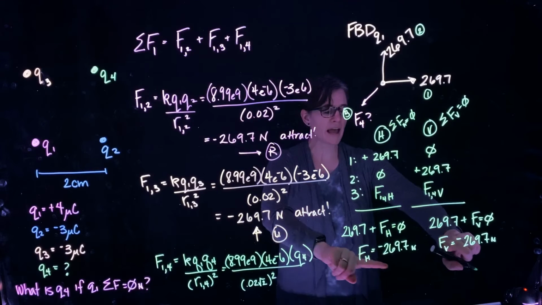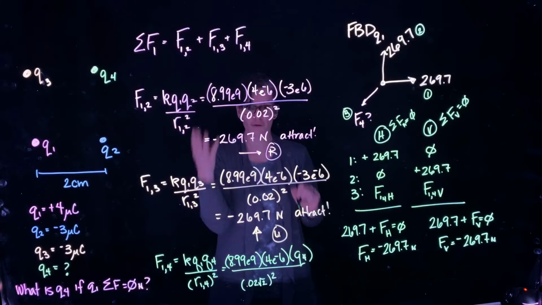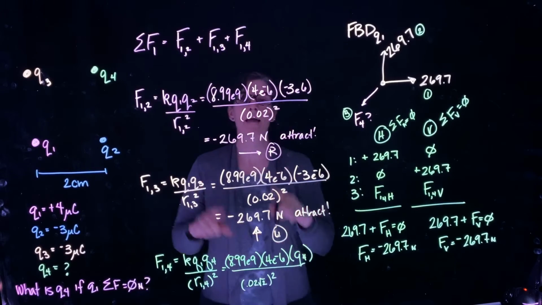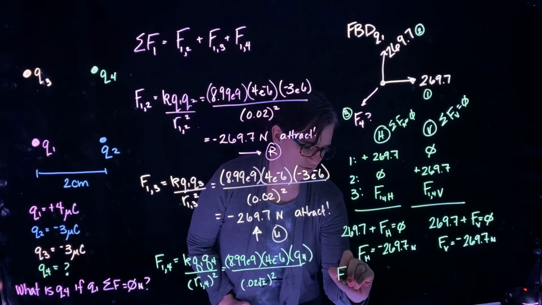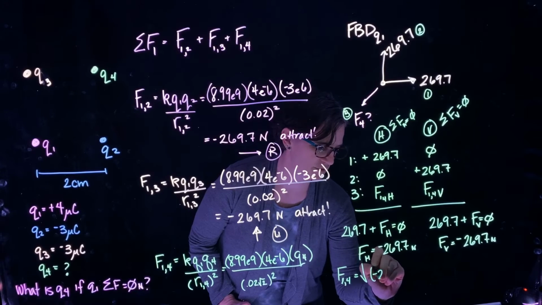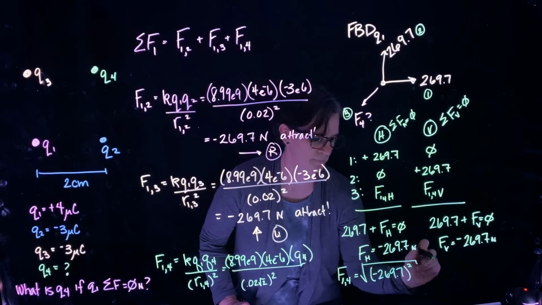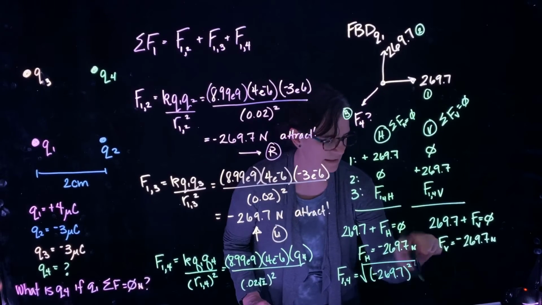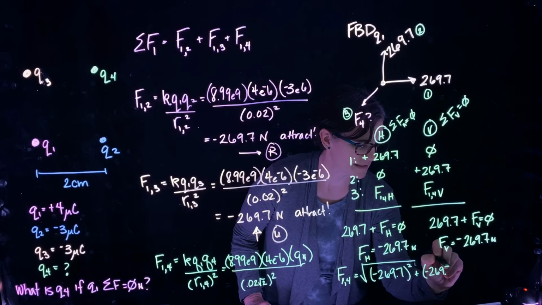All right, well now I have the two components of my force 4, so I can find the magnitude of force 4. So the magnitude of this force on 1 by 4 is equal to the square root of negative 269.7 squared plus negative 269.7 squared.